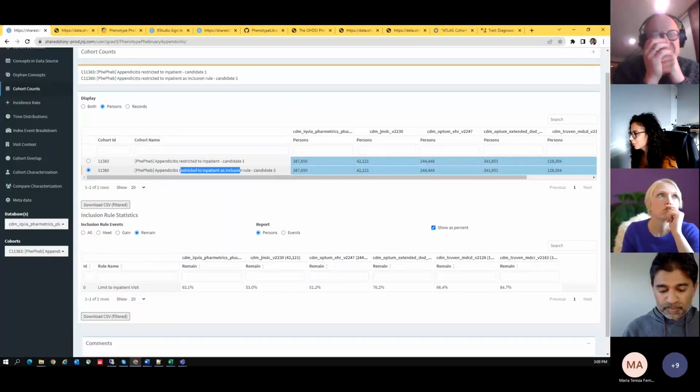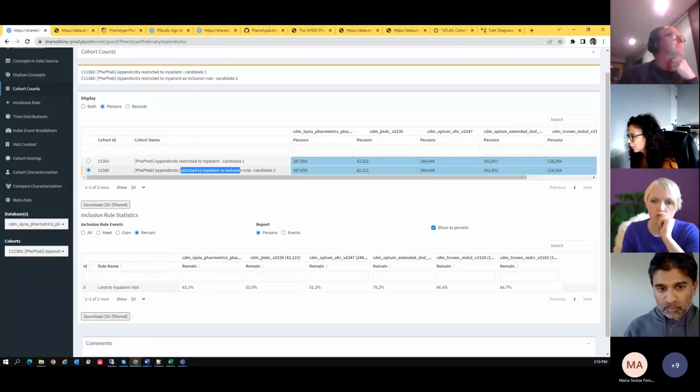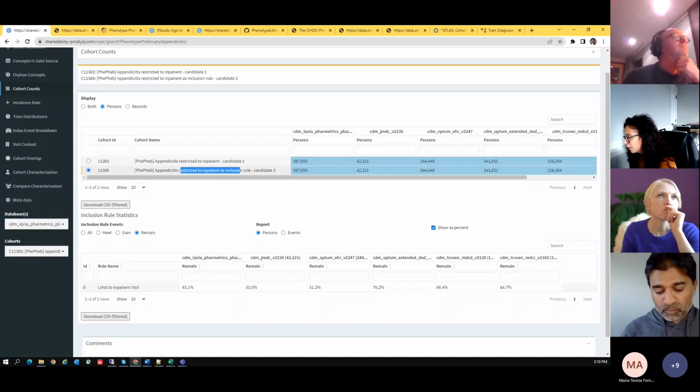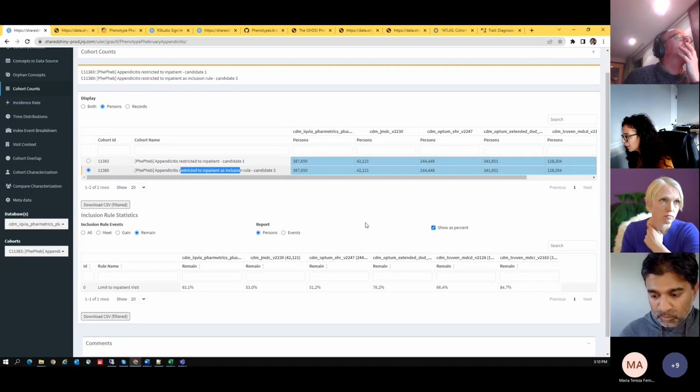Okay, so because people were concerned about the inpatient. So this is the remain, right? This is the remain. Okay, so in Medicare, I lost less than 20%, which makes sense, as appendicitis is most likely to happen in a hospital. But I already see that it is not in Optum EHR.